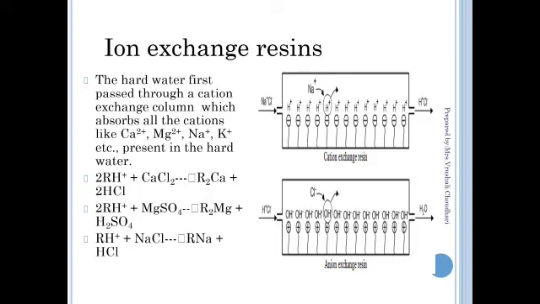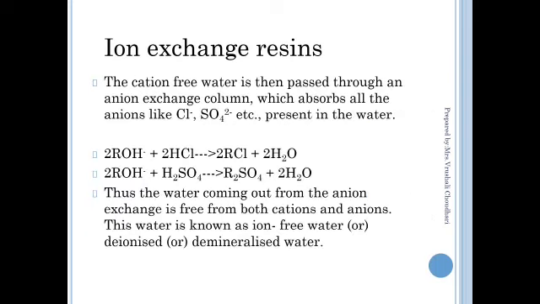First we pass hard water through the cation exchanger resin, which absorbs all the cations like Ca2+, Mg2+, Na+ and K+ present in hard water by replacing them with H plus ions, while the anion exchanger replaces anions with OH minus ions.